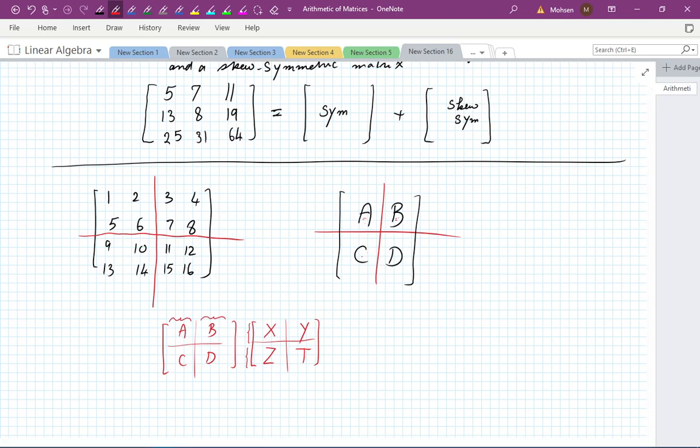So partitioned matrices is another topic that comes up.